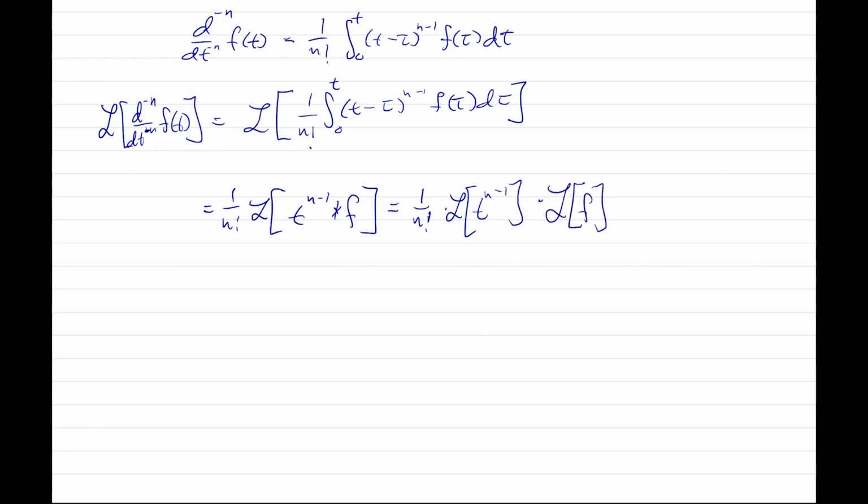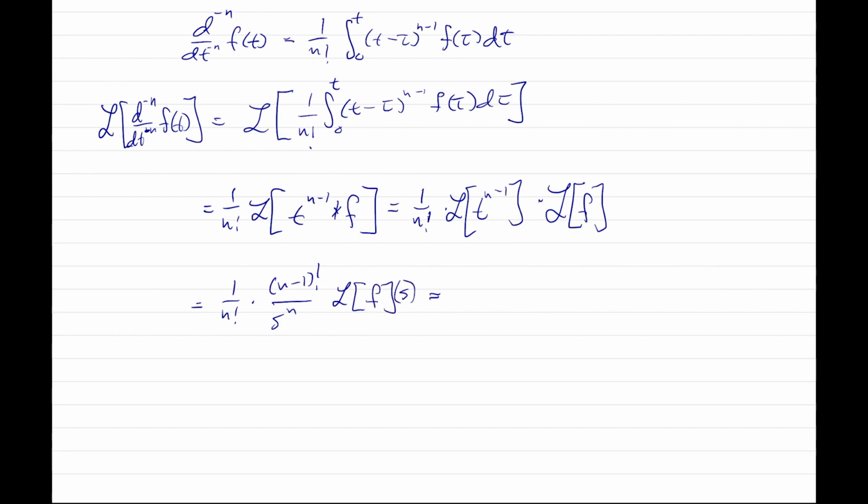And ultimately, we get 1 over n factorial times, well, the Laplace transform of t to the n minus 1 is going to be n minus 1 factorial divided by s to the n, this times the Laplace transform of f of s.